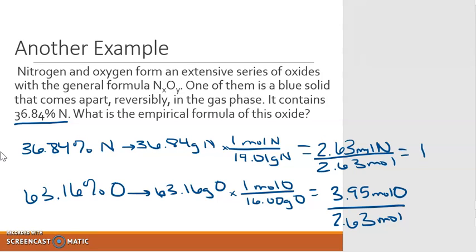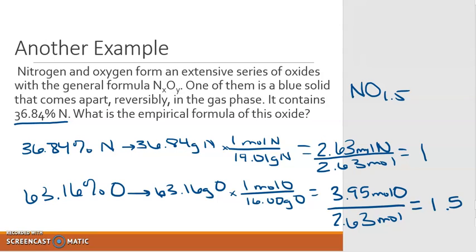Obviously that's going to give a value of 1. What do we get when we take 3.95 divided by 2.63? We get 1.5. So that's saying that my subscripts are N is 1 and O is 1.5. But remember, we can't keep that, and we don't want to round this to 1 or 2 because that's too much rounding.